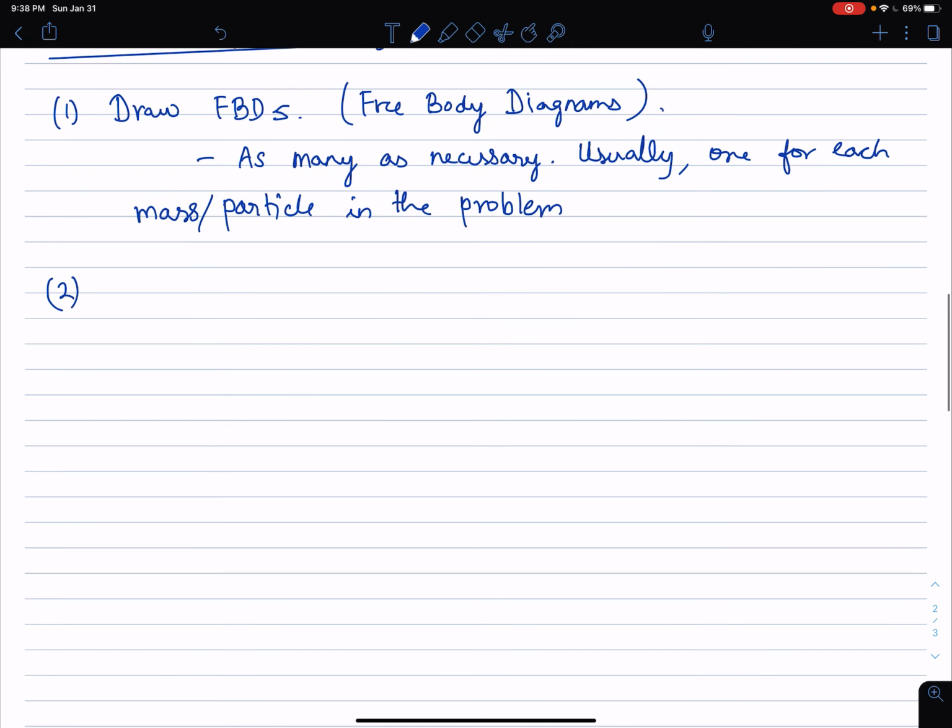The next few steps are usually merged together in some form. You don't have to necessarily think of them as distinct steps. So we define coordinate systems and sign conventions.